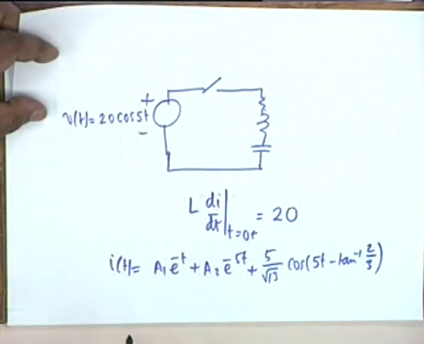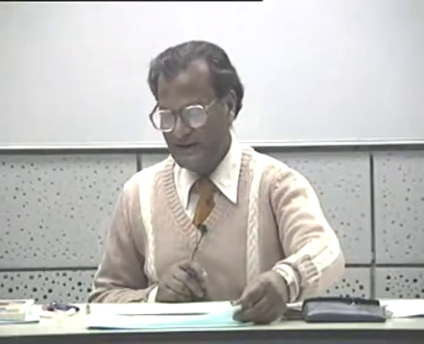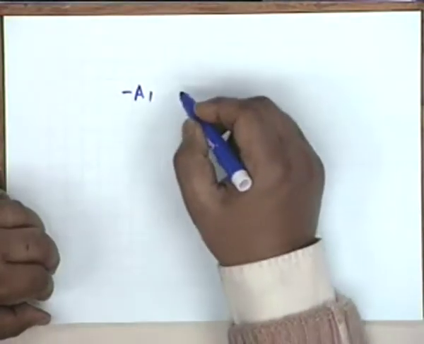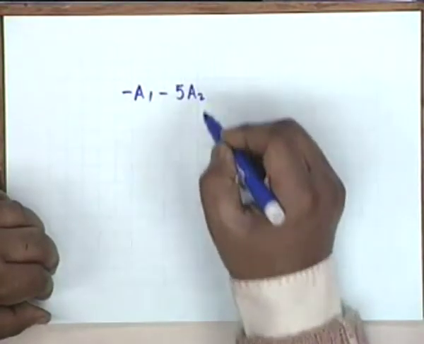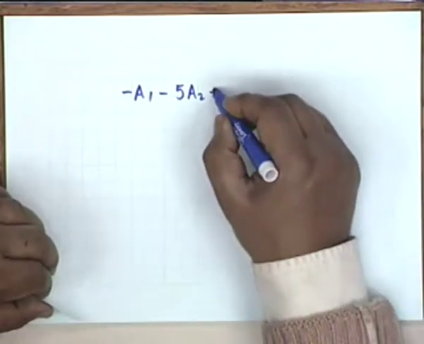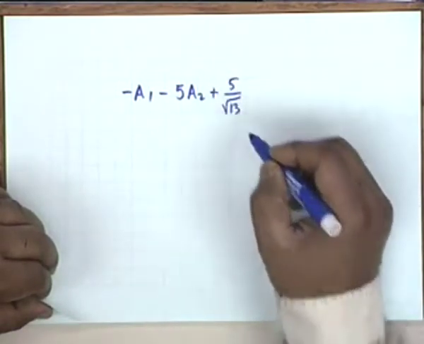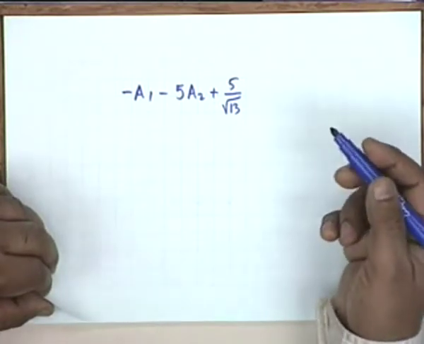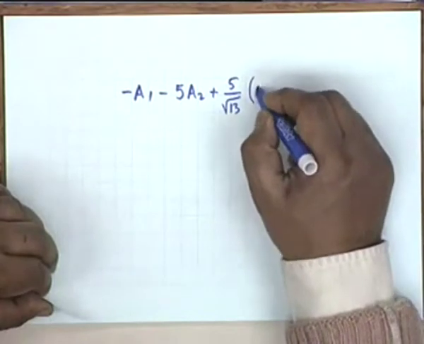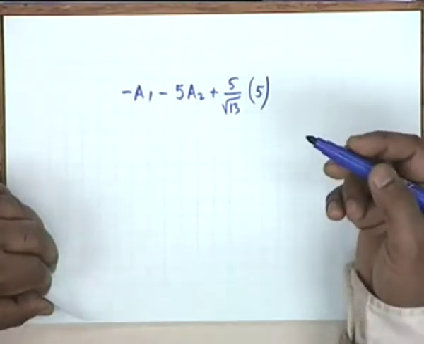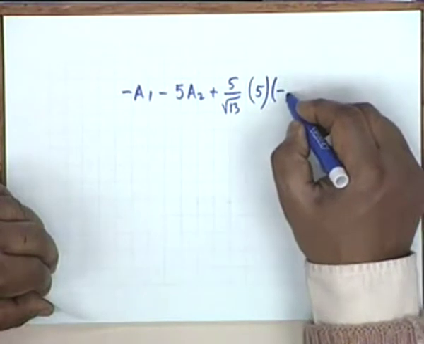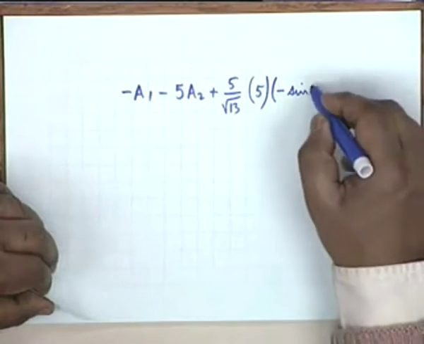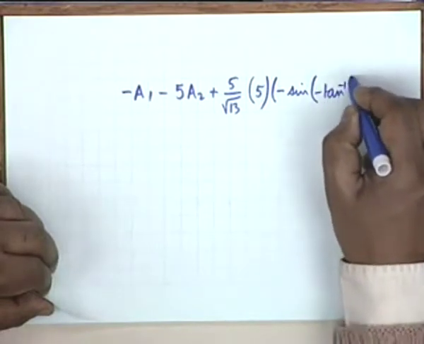So if I differentiate this and put t equal to 0, the second condition becomes minus A1 minus 5A2 plus 5 by square root 13. If you differentiate a cosine, it becomes a minus sine, and therefore 5 that comes from cosine 5t, then a minus sine of 5t at t equal to 0 shall be 0 minus tan inverse 2 by 3.